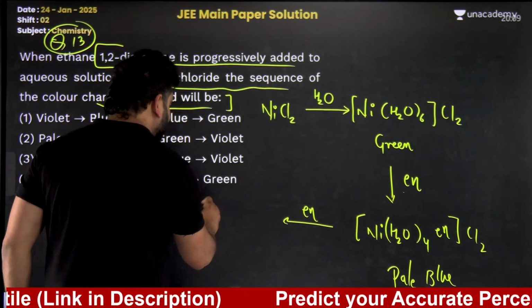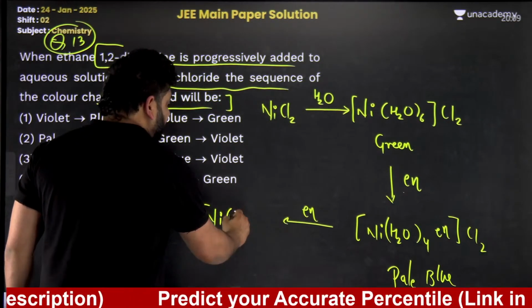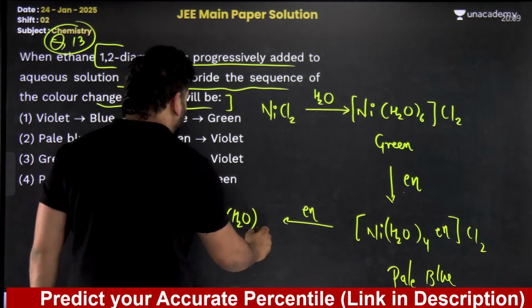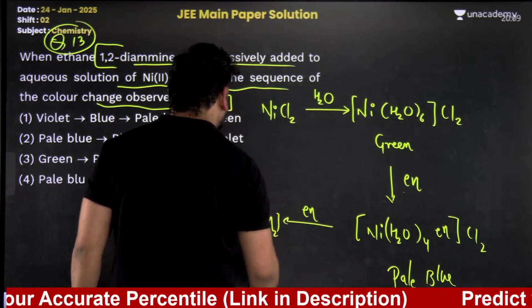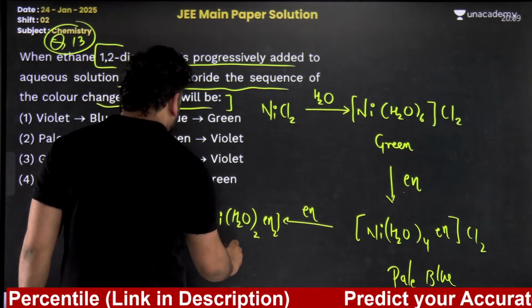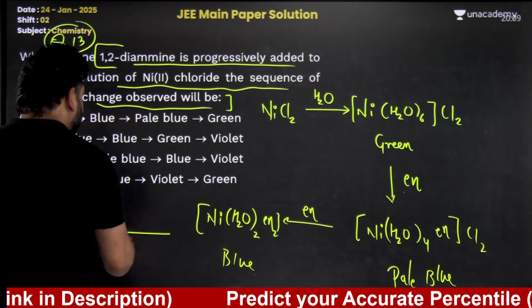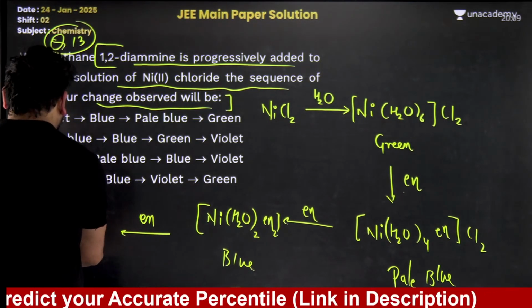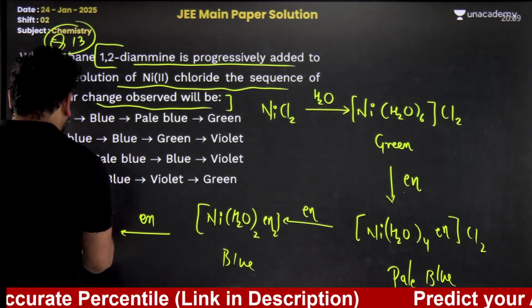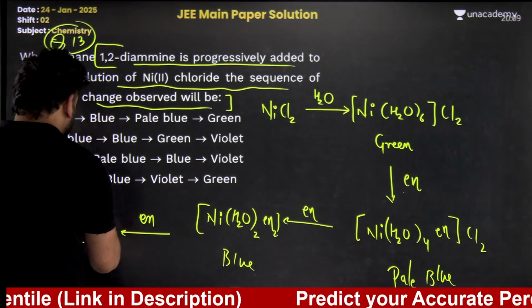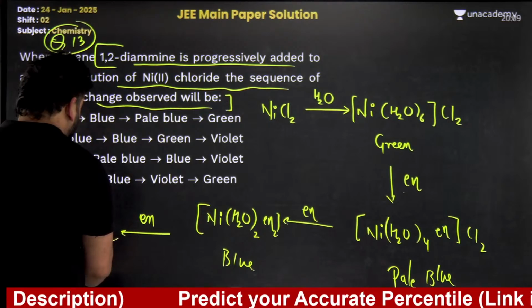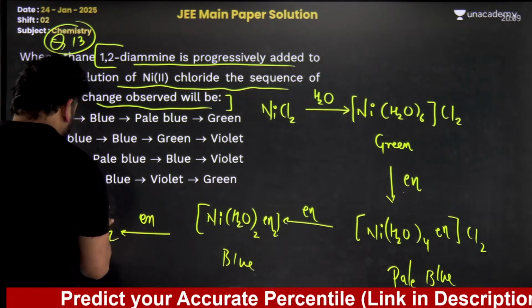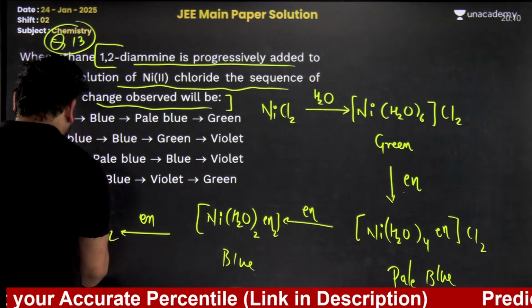It has become [Ni(H2O)2(en)2]Cl2, which is blue in color. And the next one, after one more equivalent of en, this will become [Ni(en)3]Cl2, and the water will be eliminated and leave the complex. This becomes violet in color.